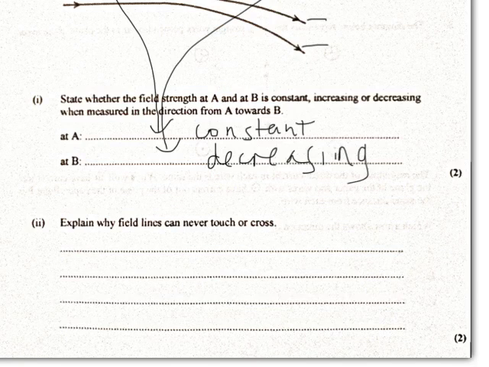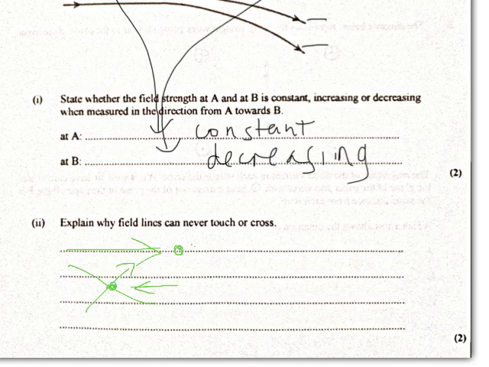Explain why field lines can never touch or cross. This is kind of a silly question, but sometimes you get that in the IB. How do we know that they never touch or cross? Because the field lines show you the way a force is acting. If the lines were crossing, so if they did something like that, then that poor particle in there would be feeling forces in 2 separate directions, and that does not happen.